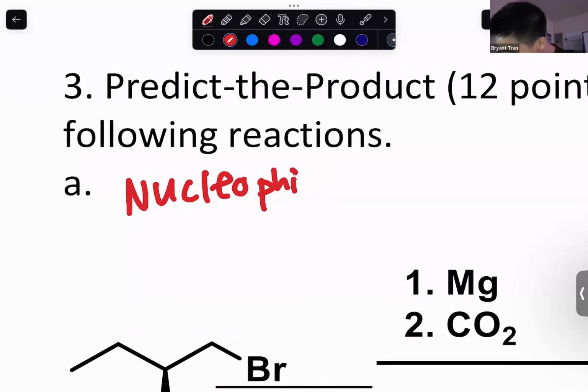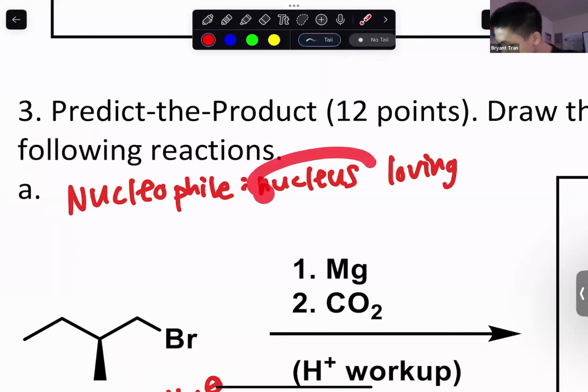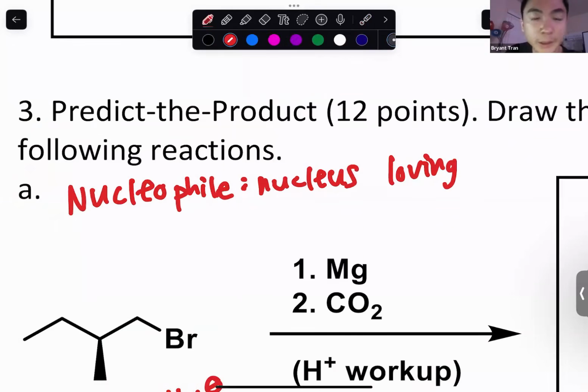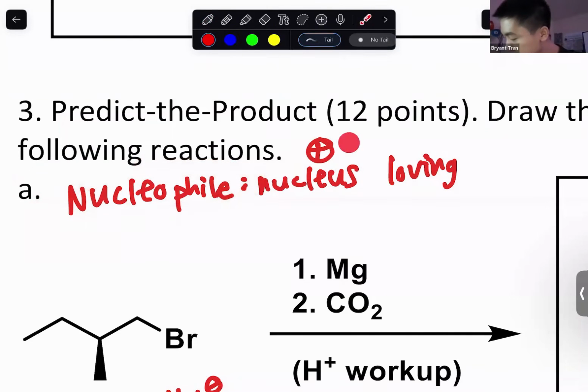Something that makes more sense is this. Nucleophile means nucleus loving. So they're going to love nuclei, which consist of protons and neutrons. The overall net charge of a nucleus is positive. So if a nucleophile loves positive charge, they themselves are going to be negatively charged, because opposite charges attract.